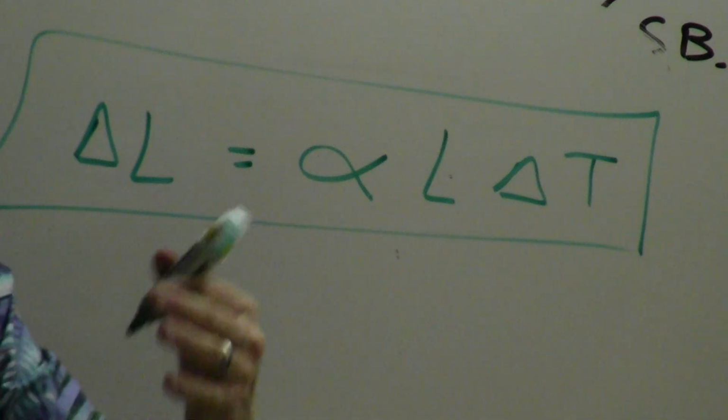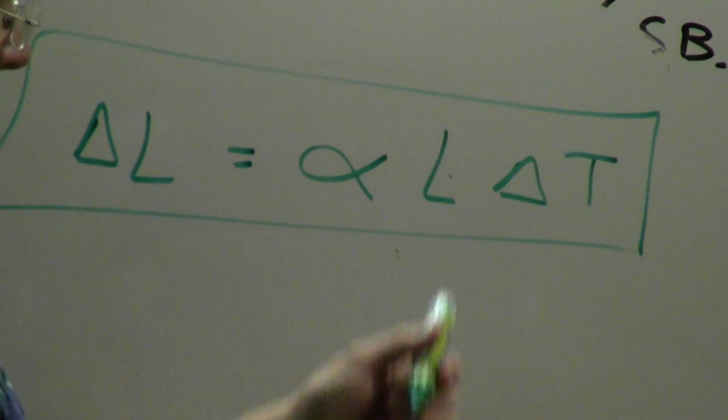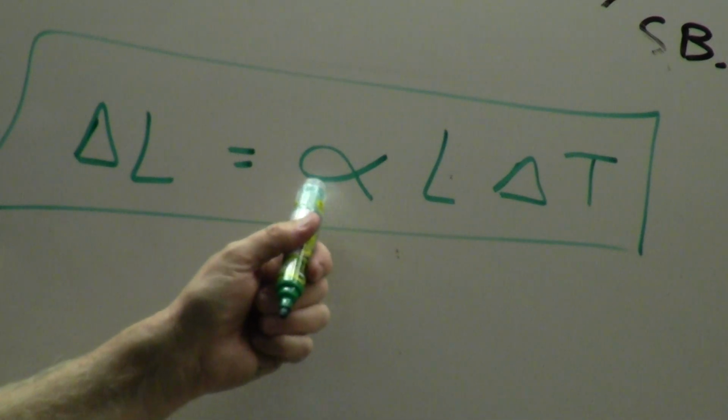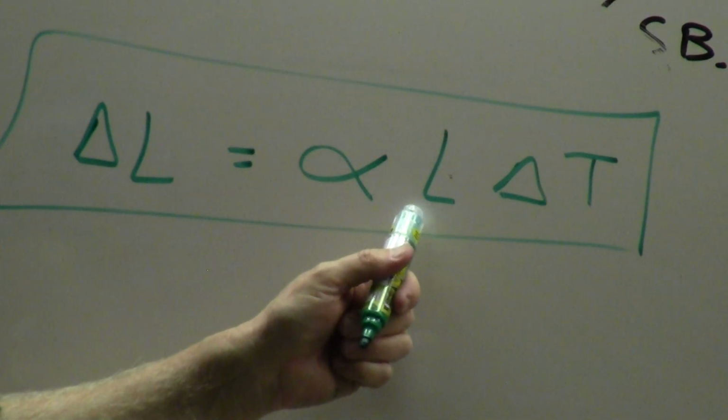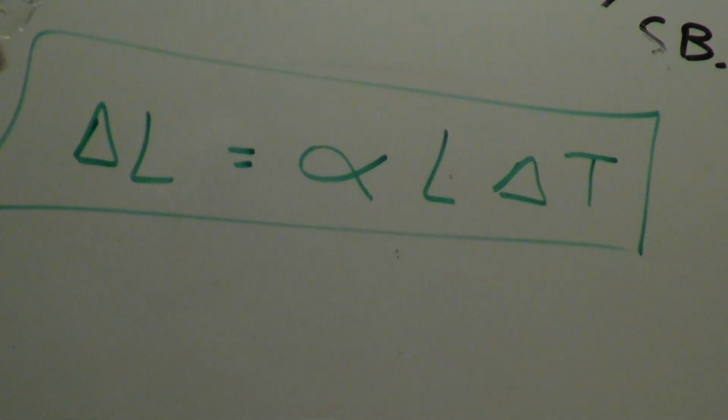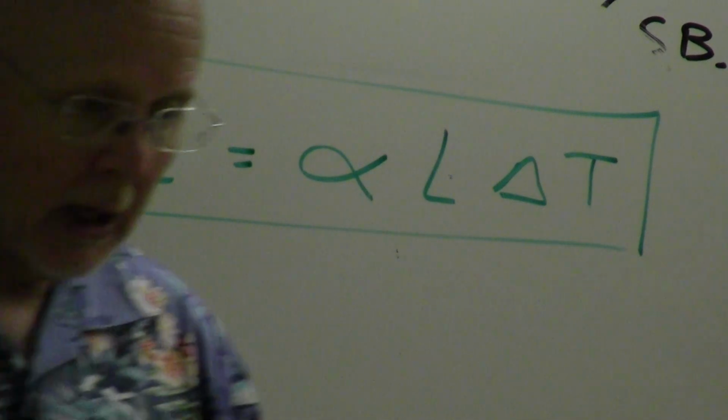So if I have a bridge that's 1,000 meters long, made out of steel, and the temperature comes up on a summer day, say in Celsius, I put all that together, and that tells me how much the bridge would get bigger.